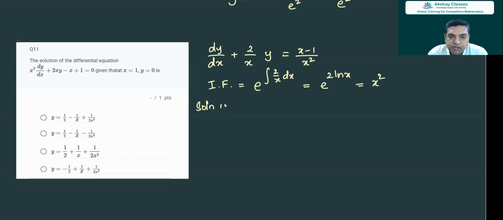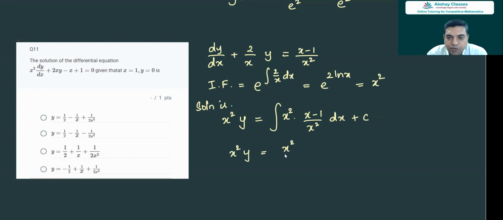Solution is integrating factor times y is equal to integral of integrating factor times q dx. So x square cancels. So we get integral of x minus 1, because we only get the numerator x minus 1.